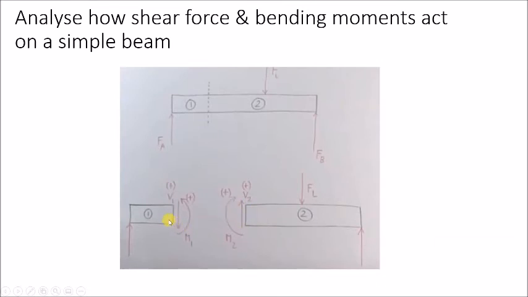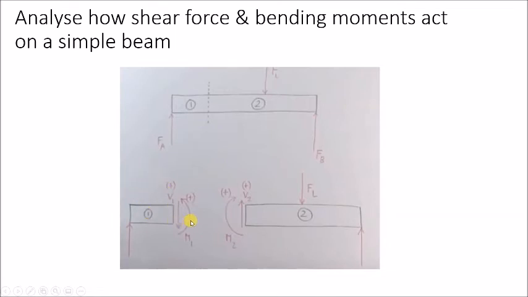So likewise, over to the left here, we have one upwards external reaction force. So we show our shear force internal arrow facing down, and this upward force would be trying to push the beam, or spin the beam, the bending moment, in a clockwise direction.